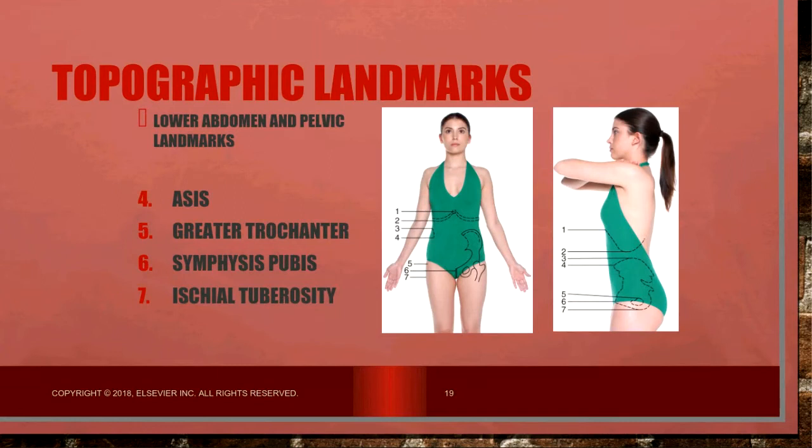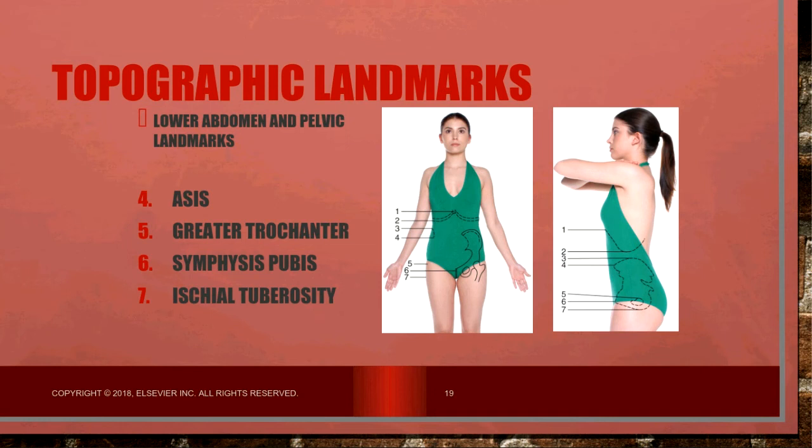Number four is the ASIS, or your anterior superior iliac spine. That is the small protuberance that juts out on a patient when they lie supine or on their back. They can palpate those two bumps that come up in the front. Those are your ASIS, or your anterior superior iliac spine.